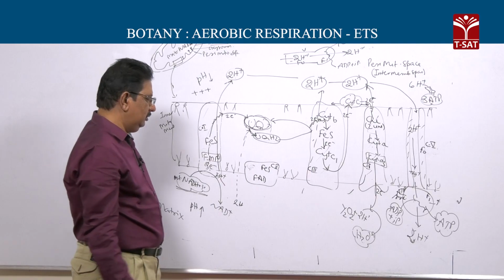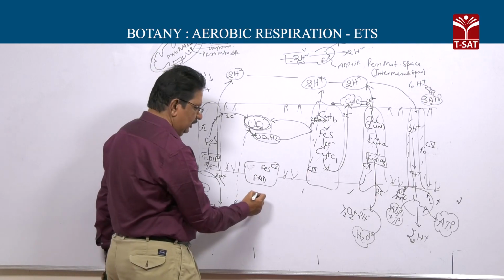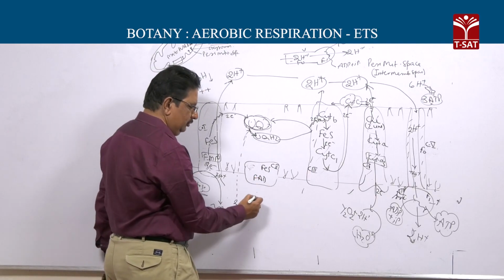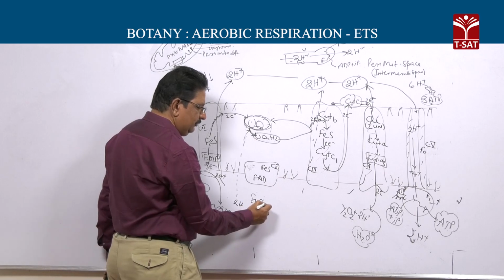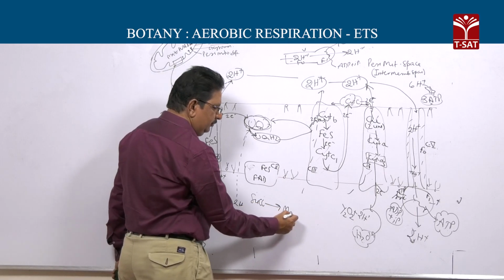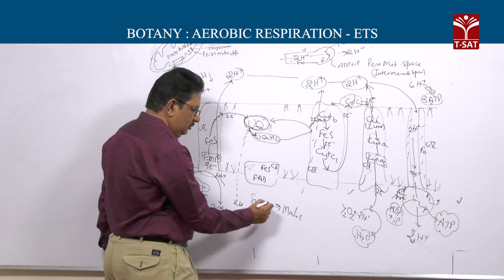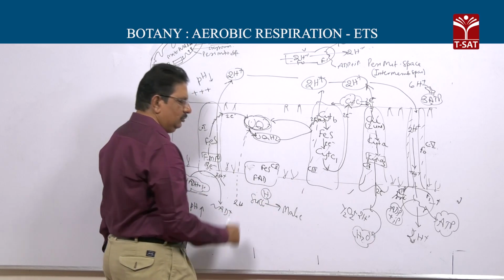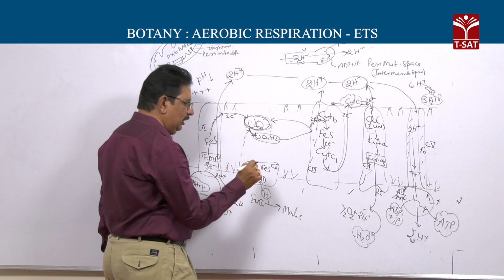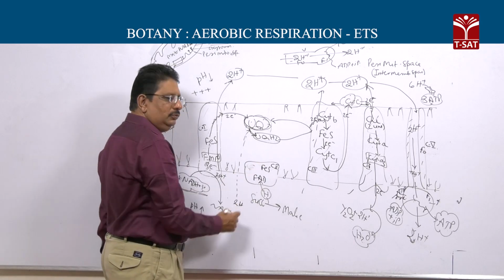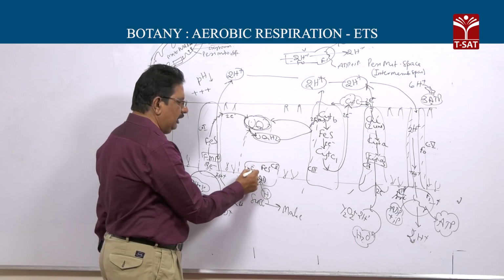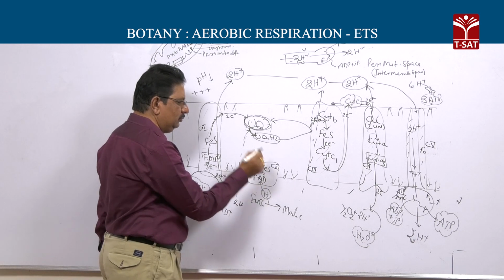So another reduced coenzyme is FADH2. During the conversion of succinic acid into malic acid, hydrogens are removed, which are taken by FAD of complex 2, and FAD converts into FADH2.